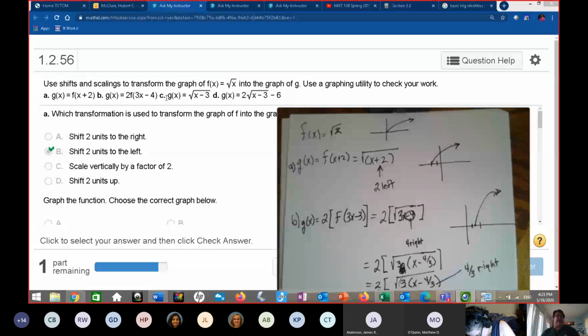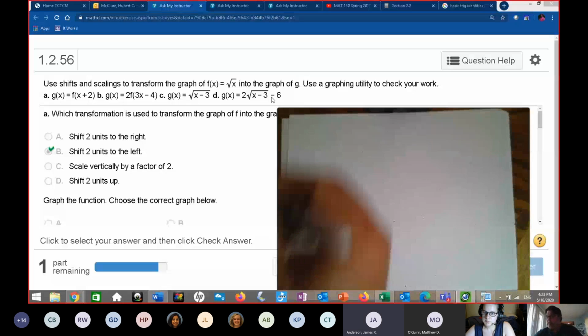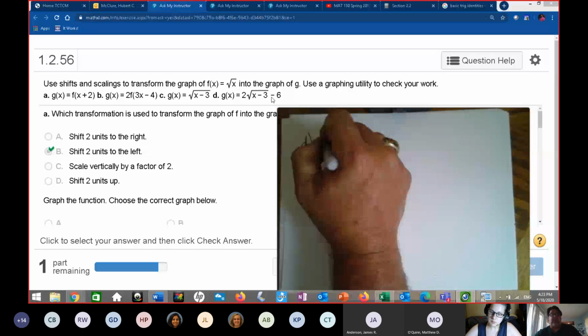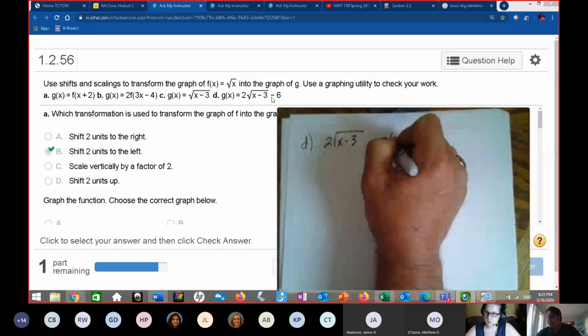And x minus 3 would be 3 to the right. And here would be 3 to the right, 6 down. So I'm going to do D for you. D says 2 times x minus 3, minus 6.